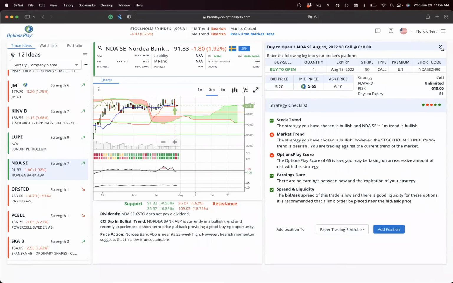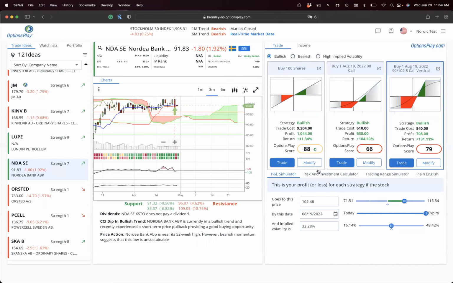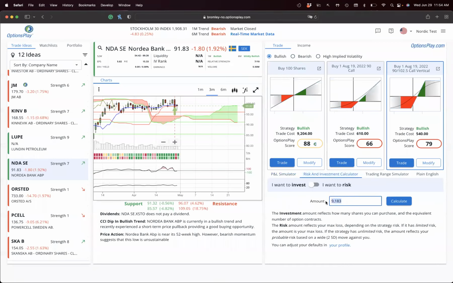So basically, if you have a 2% rule with a 100,000 crown portfolio, this will automatically select 2,000 for you, because 2% of a 100,000 crown portfolio is 2,000 crowns. When you click on calculate, it will automatically tell you that you can trade 3 contracts of each one.